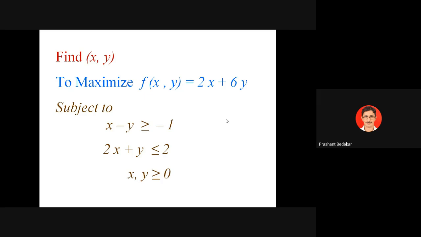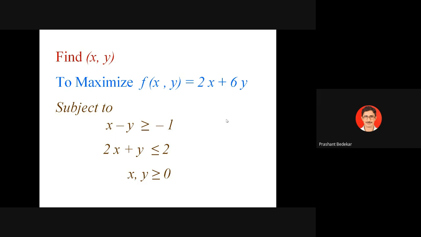in the proper form. If I do not have any inequality, there is no problem. If I have only equalities, no problem. If I have inequalities, they must be converted into less than equal to type. Remember one thing: the inequality written at the bottom actually represents the non-negativity constraint.